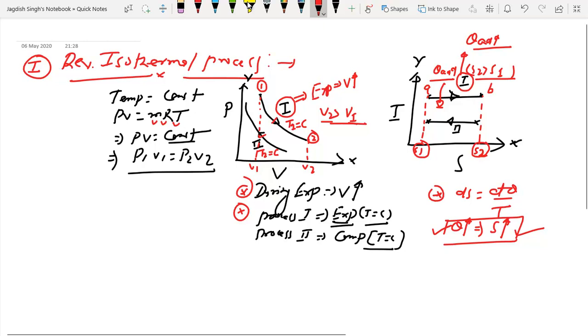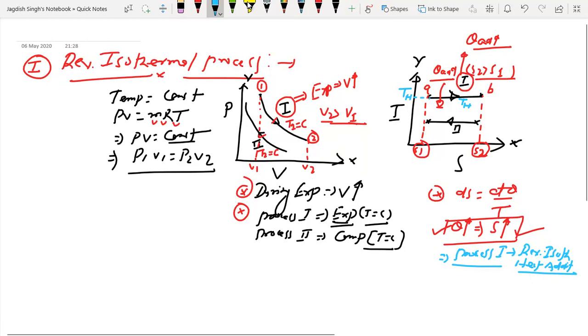That's why process 1 is reversible isothermal heat addition. If we suppose its temperature is TH, then in the whole process the temperature will remain constant.